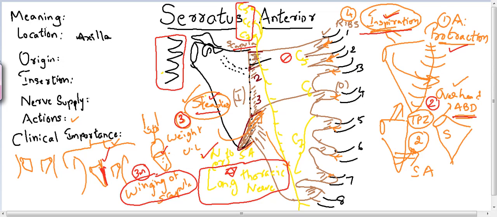Because of the damage to the long thoracic nerve in the mid-axillary line, either during surgery in the axilla or intercostal tube drainage in the chest in the mid-axillary line. Therefore, we should avoid these points, and we should be careful to preserve these nerves. This causes the medial border of scapula to be unduly prominent, and the condition is called winging of scapula. So this is what I will write.